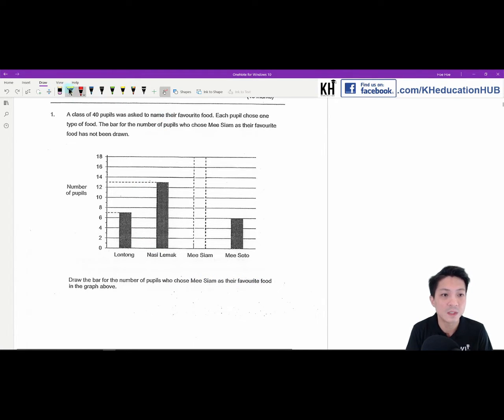Okay, so there is a total of 40 pupils. I'm going to write down the number of pupils above each bar. This would be 7. This would be 13. For mee soto, it would be 6. So to find the answer, I just need to add up all of this first. 13 plus 7 plus 6 will be 26, right?